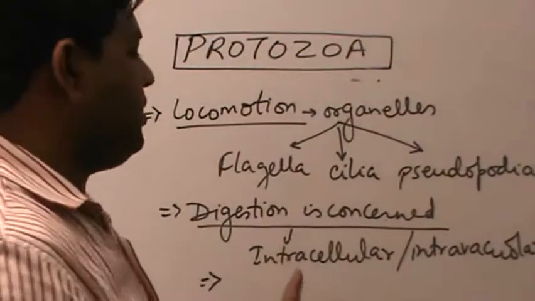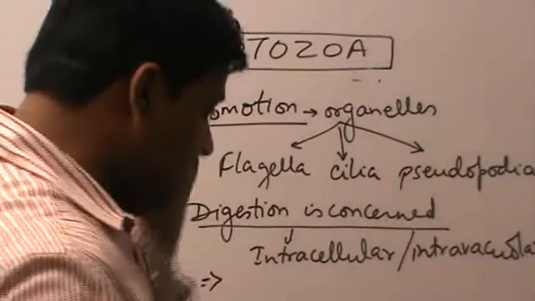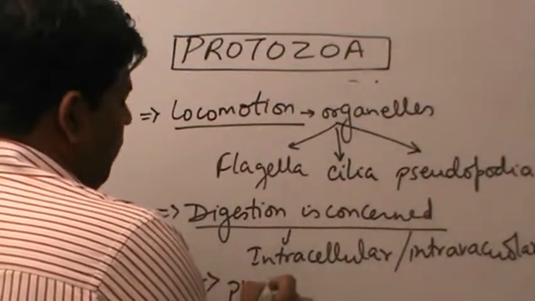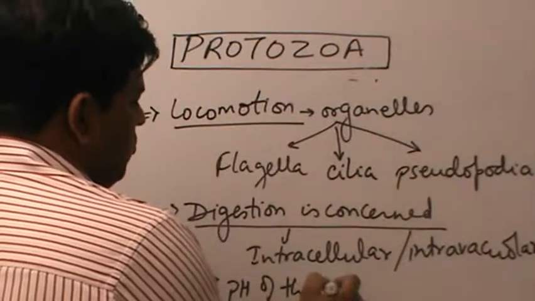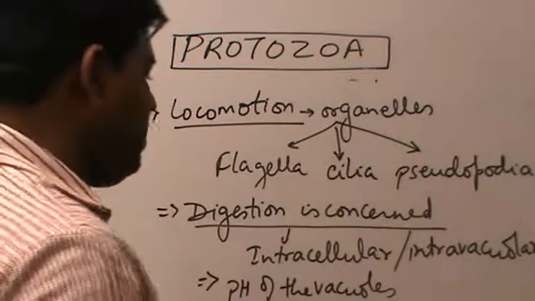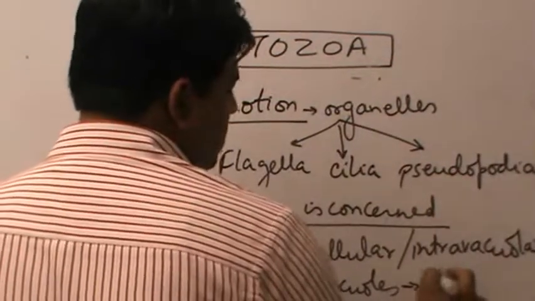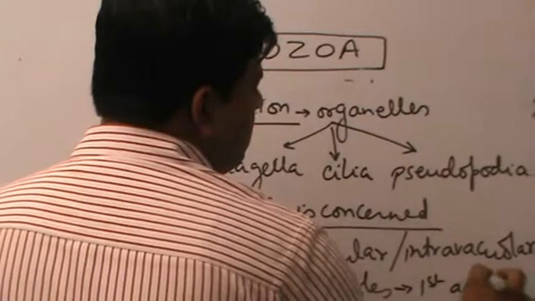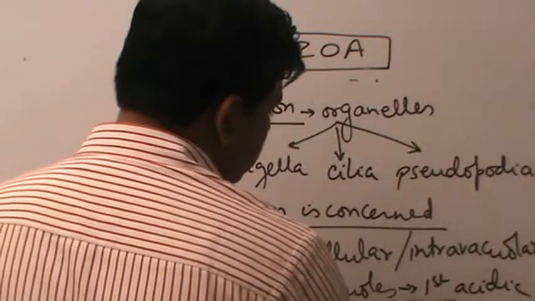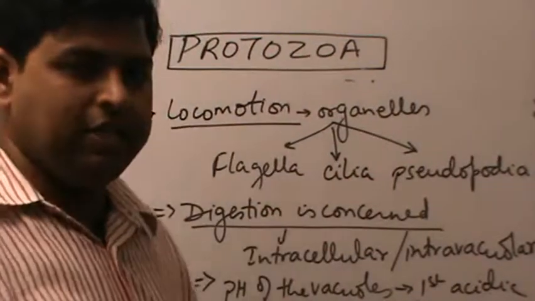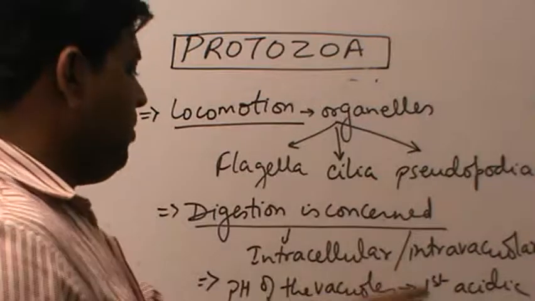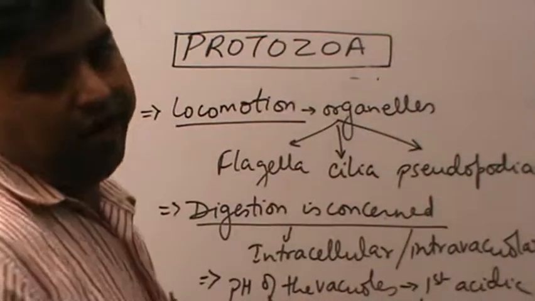So it can be intracellular or intravacuolar. The pH of the vacuole will be first acidic, then alkaline.